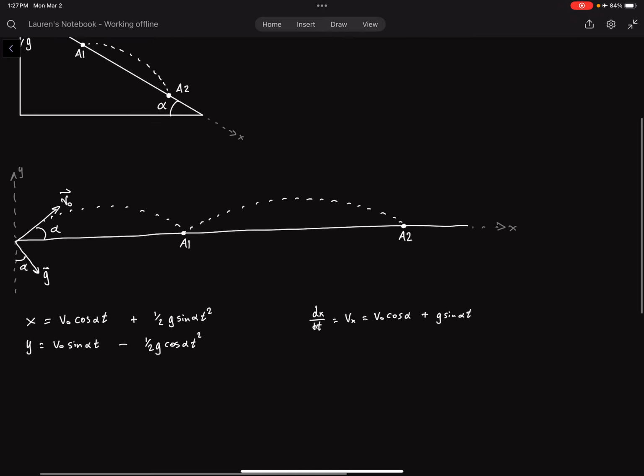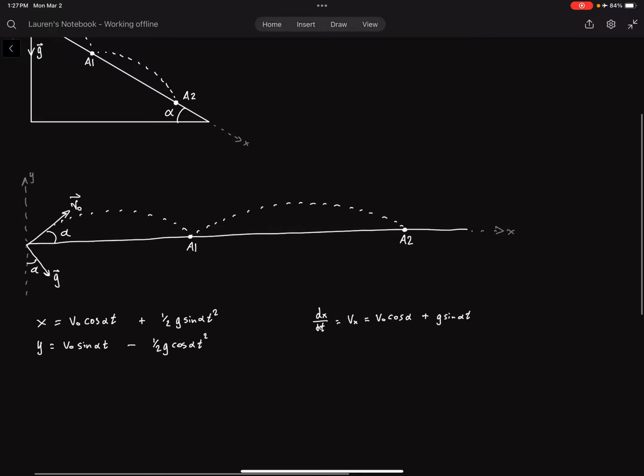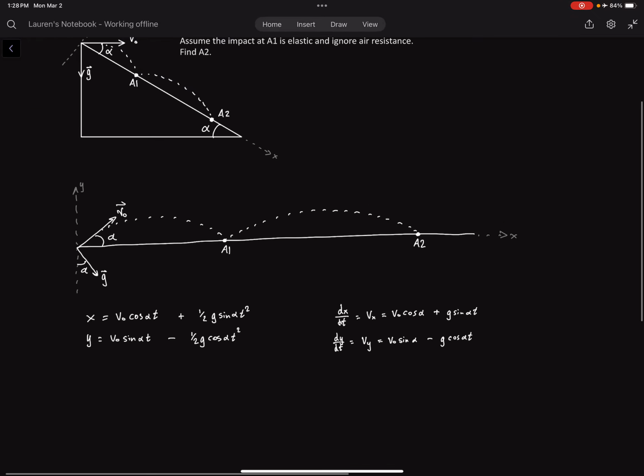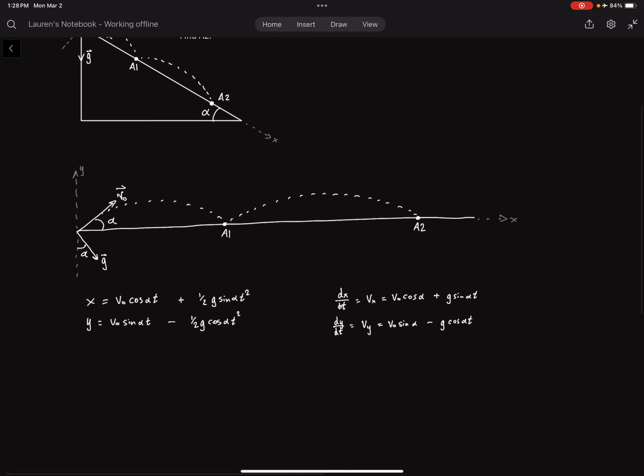You can see this is not looking like our standard projectile motion equations. dy/dt is equal to vy, which is v naught sine alpha minus g cosine alpha t, right? So the 2 comes down, annihilates the half. All right, so here are our equations that we get to use.